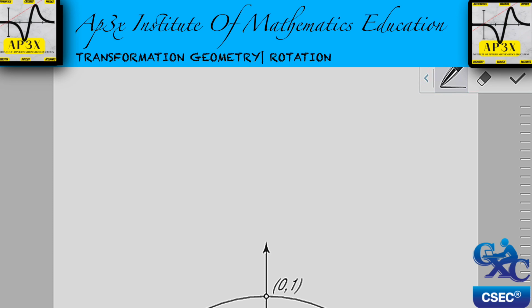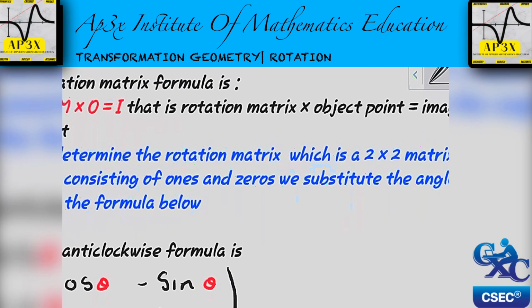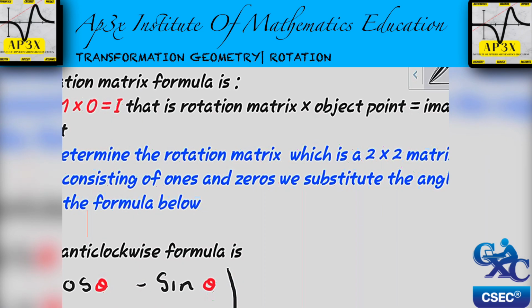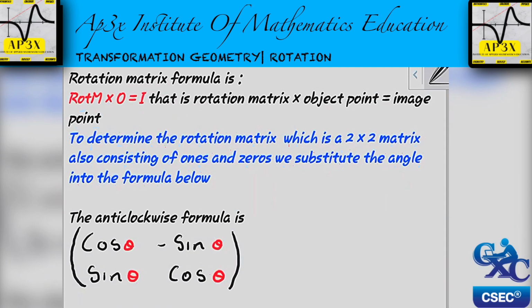Now, we're going to be discussing what is known as the rotation metric. All right, we're going to be looking at the rotation formula, and then the rotational metric formula. In my previous video, you would have already seen where we discussed that there is one standard formula for reflection, for rotation, and for enlargement.